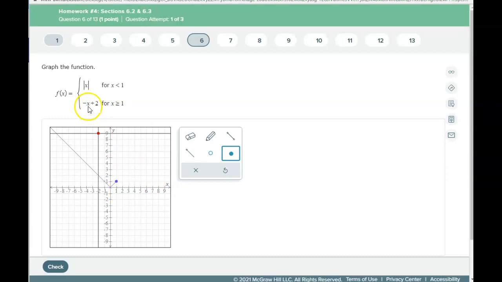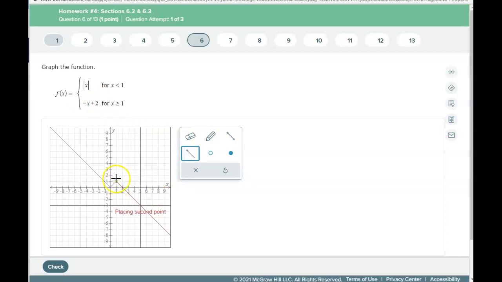So I plug in a 2. Negative 2 plus 2 gives me 0. This is going to be a straight line, so I'm going to grab the ray and put it here. I said that negative 2 plus 2 gave me 0, and I'm going to connect that dot. And here is my piecewise function.